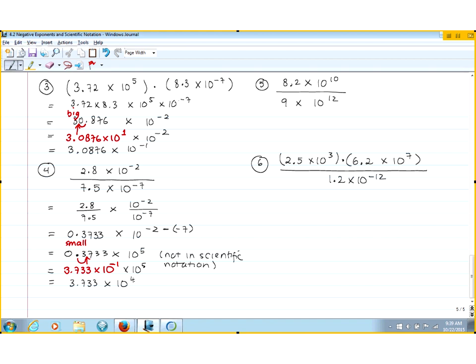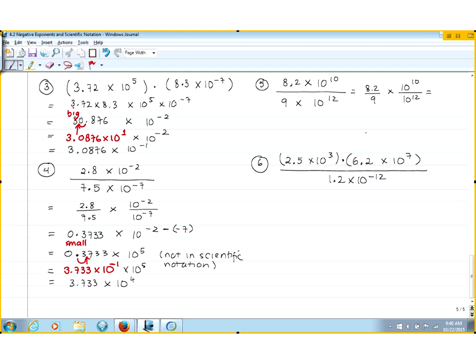Did you finish the other one? Number 5? How do I do number 5? This is 8.2 over 9. Multiply by 10 to the 10th over 10 to the 12th. All right.